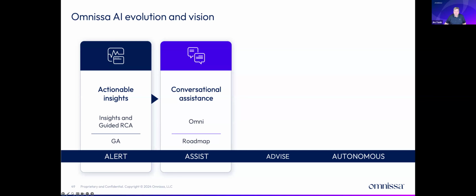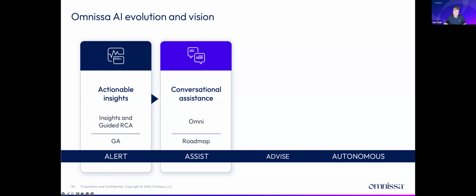This is really natural language processing, so I can ask a question, and Omni will go back and look at the data and give you an answer. So I want all the desktops that have this version of X on it, and we can go and grab that. So that's the next thing we have on our roadmap to deliver, and we're close to delivering it. Now the rest of this is further out roadmap.